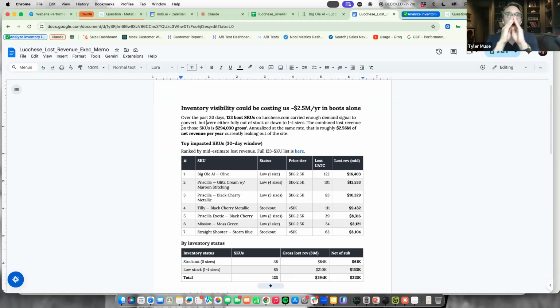So if you think through the journey we've gone through here, we went from a hypothesis of, I think there's an issue here, and I want to use Claude to go in and analyze data to figure out whether or not that hypothesis holds weight.